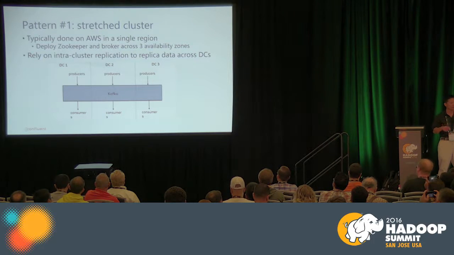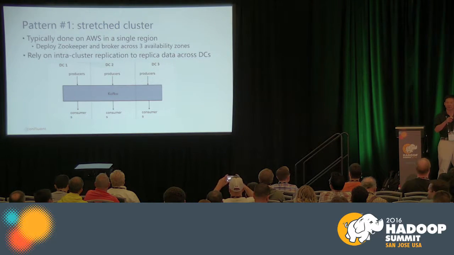You use three availability zones in the same region, and your data center is really an availability zone. You deploy all the Kafka brokers and zookeepers across all three availability zones, but in the same region, so it forms a single cluster.